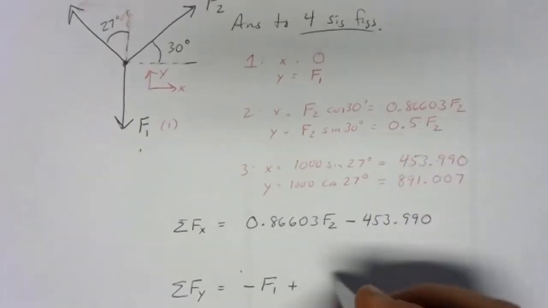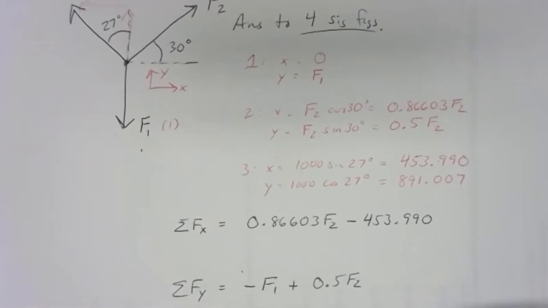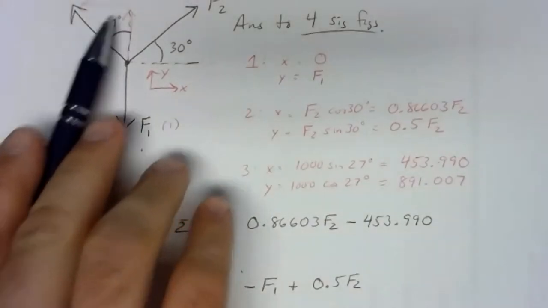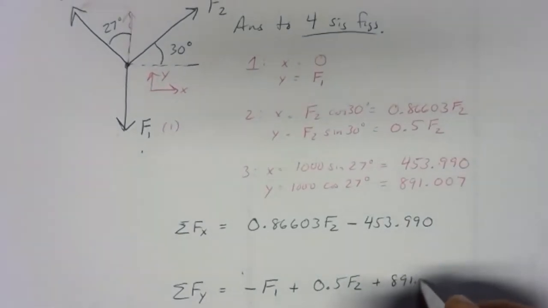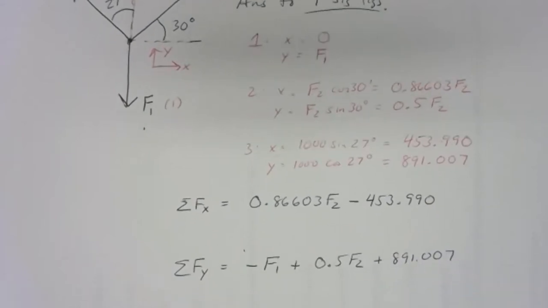So we'd have positive 0.5 F2. And then vector 3's y component is up. So we get a positive 891.007. So there we have our two sums. Sum of forces in the x direction and sum of forces in the y direction.